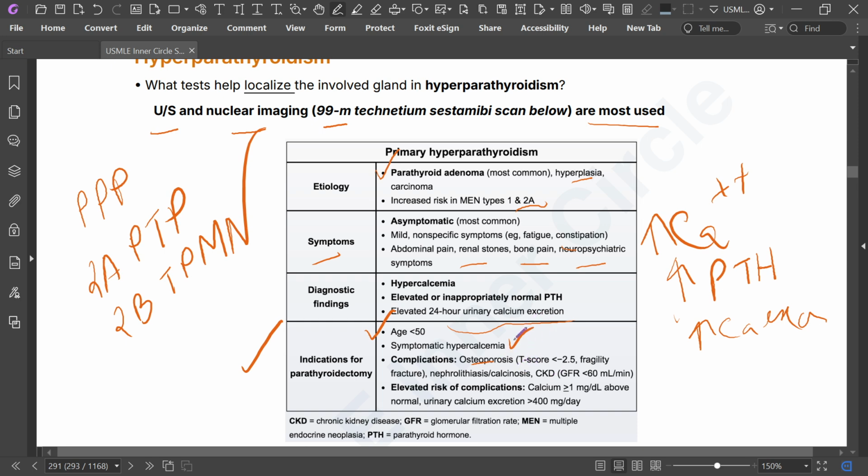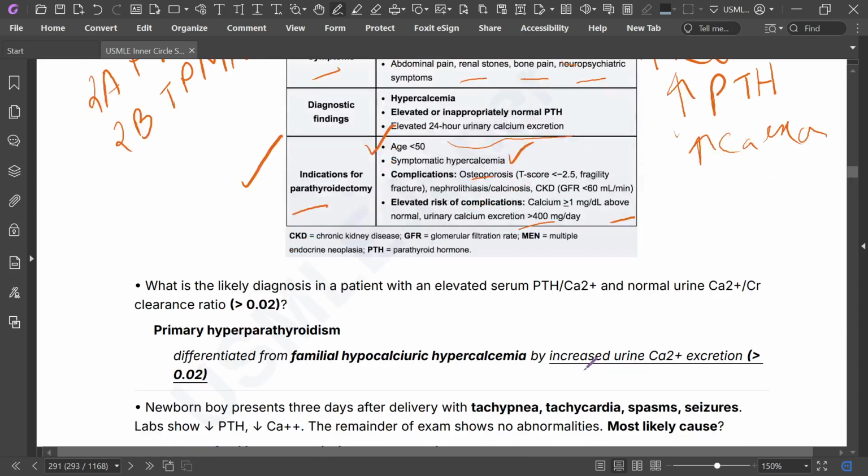If elevated risk of complications like calcium more than 1 milligram above normal, or urinary calcium excretion more than 400 milligram per day, then do parathyroidectomy.